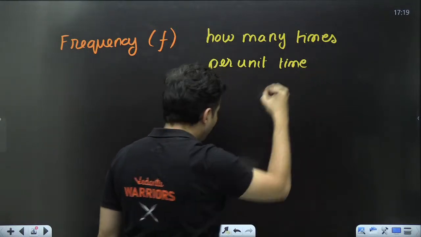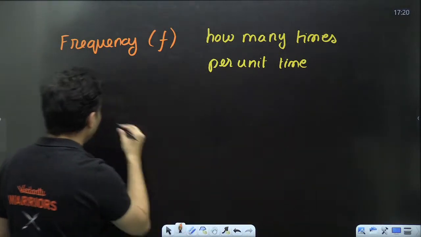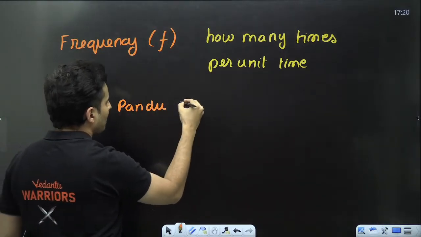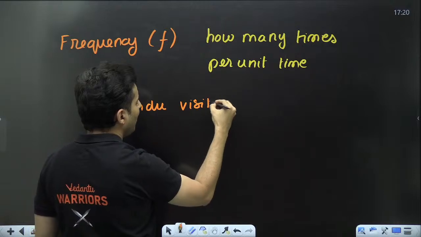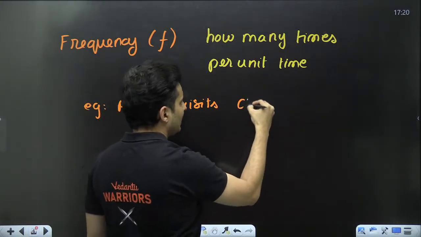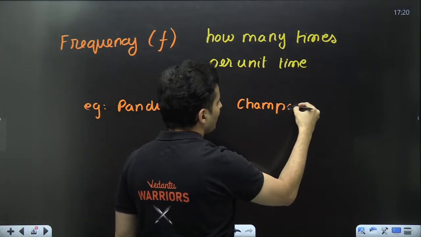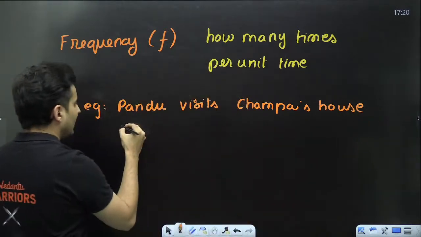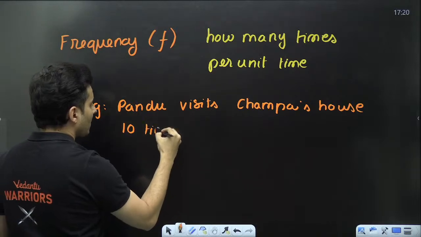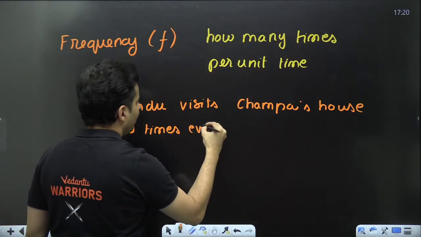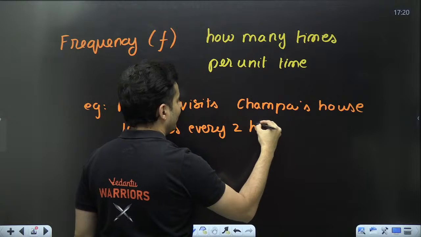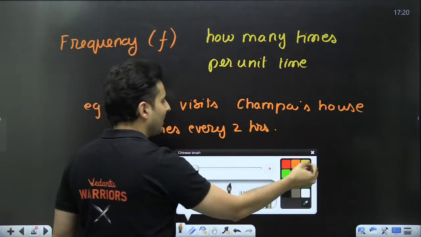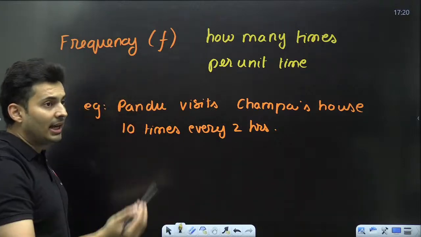Say for example, Pandu visits Champa's house ten times every 2 hours. He misses Champa. That's why he's visiting Champa's house 10 times every 2 hours.